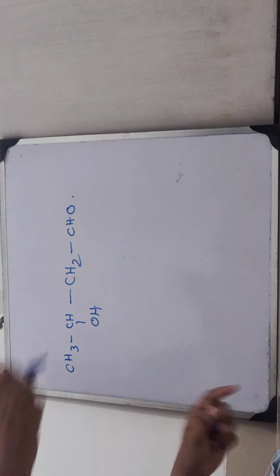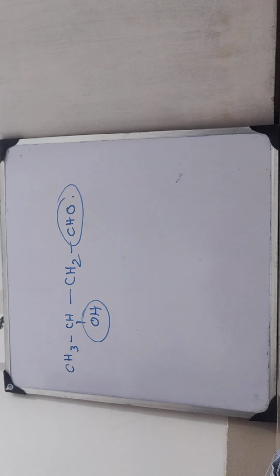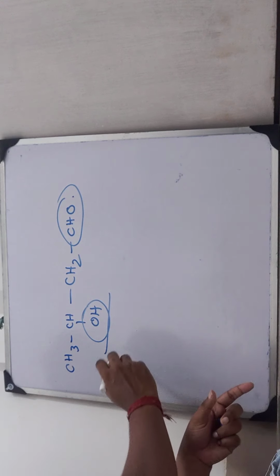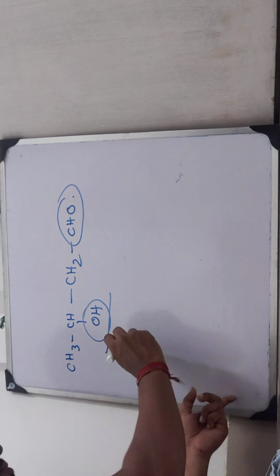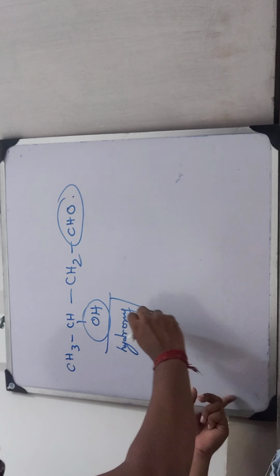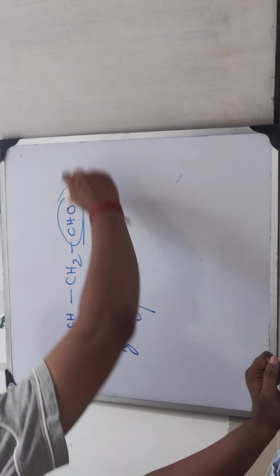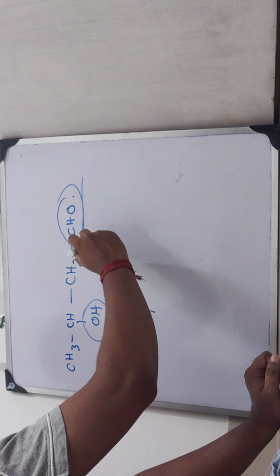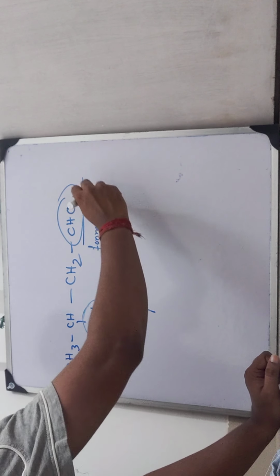Two functional groups are there. For one, the prefix and suffix are hydroxy and ol. For the other, the prefix and suffix are formyl and al.